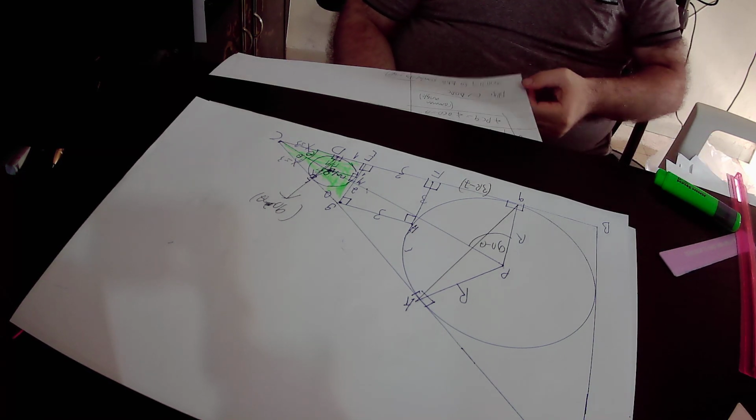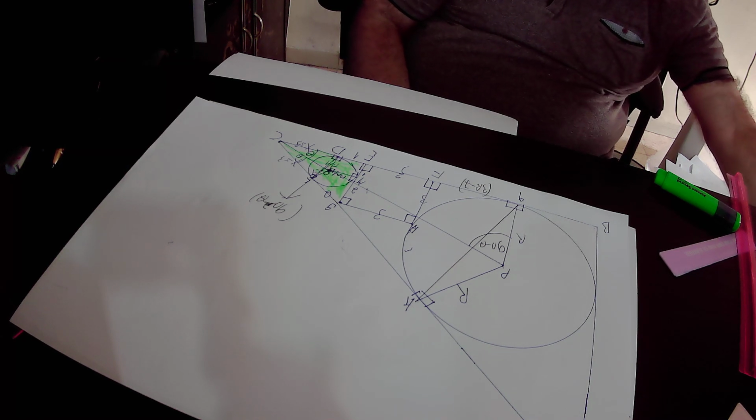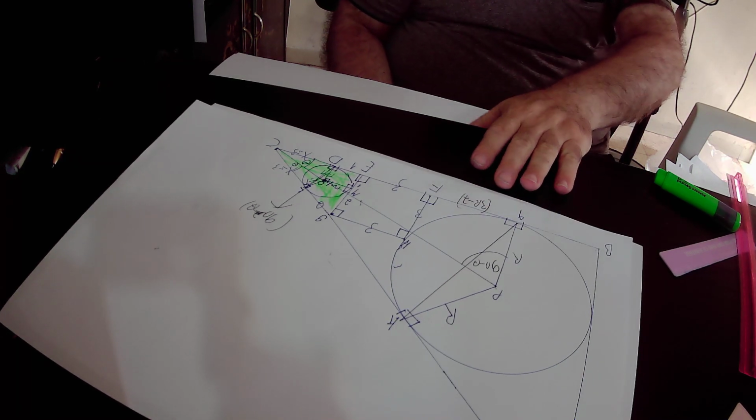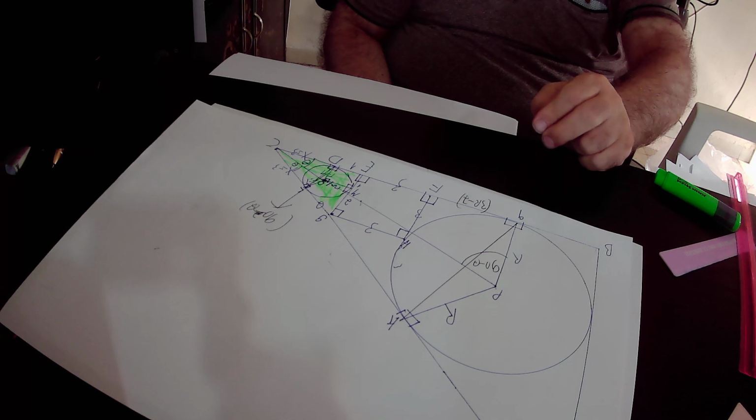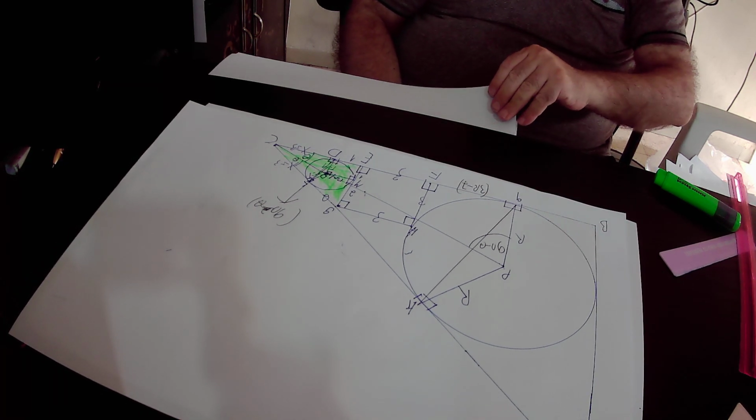Okay, so as I already mentioned, the first case is the case that R is less than 3 units. So I write it down.